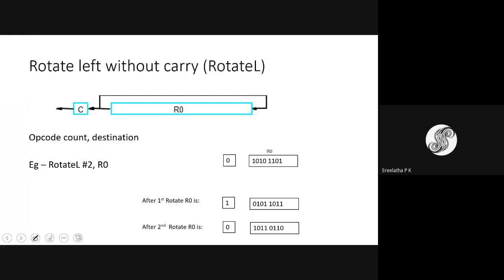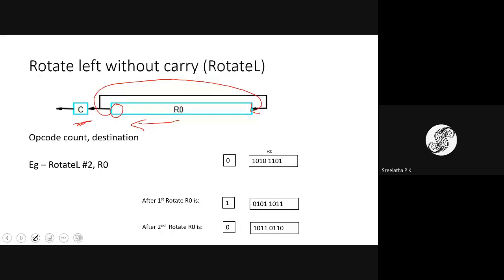You have seen the carry flag which is used in the shift operations. In rotate, what happens is that the content which was removed, when I'm moving to the left, the MSB value is moved back to the initial position, that is as LSB. So this is the rotating of bits.